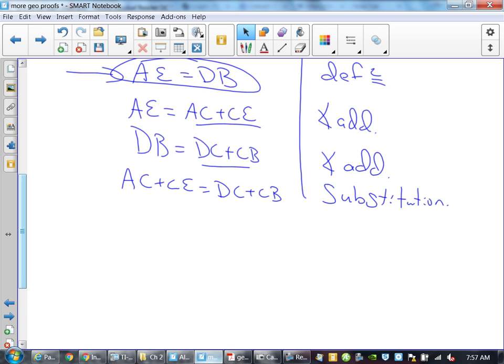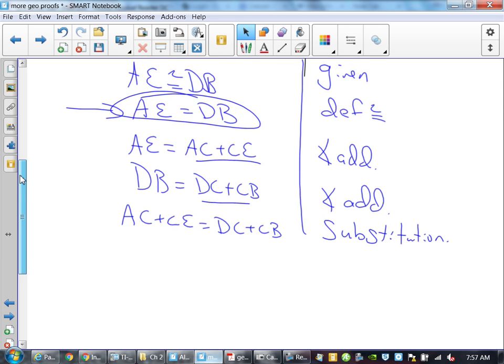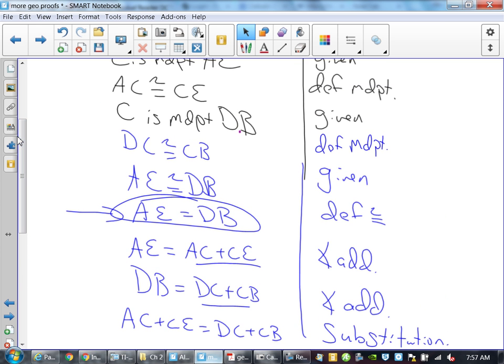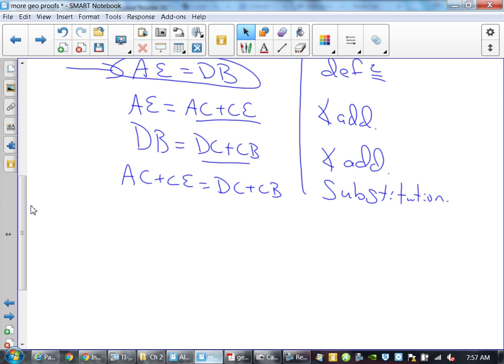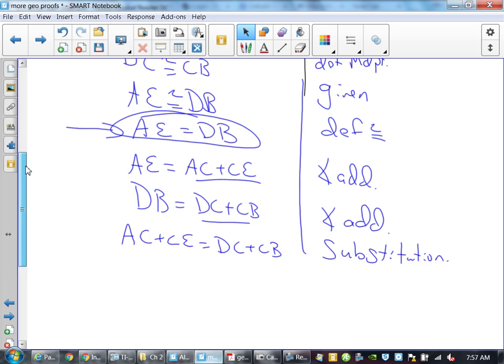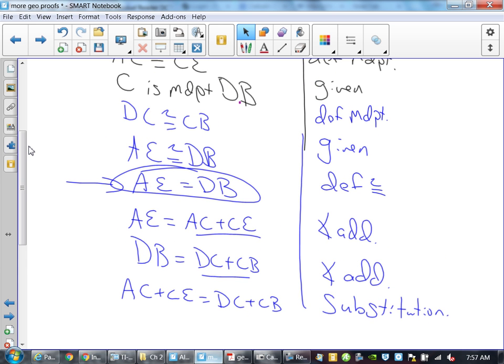Now, back up a while ago. We knew that, where was it? Since these two guys are equal to each other, and these two guys are all equal to each other, I can flip and put one in for each other now.